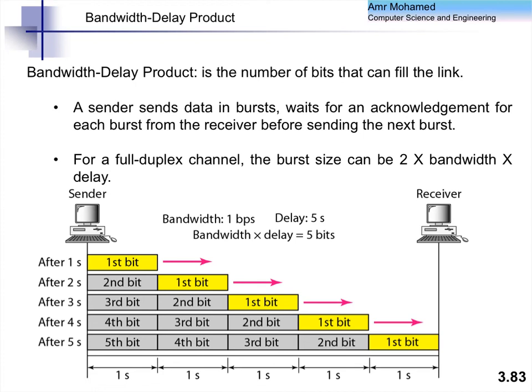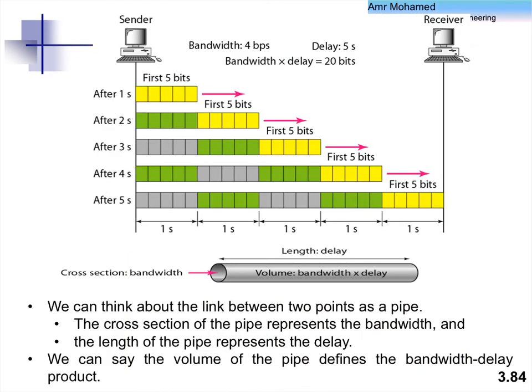So that's why for full duplex, the bandwidth delay product is actually 2 times the bandwidth times the delay. Why? Because it's bidirectional, and you have some bits going this way, some bits going that way, so you have to double the number of bits. So this tells you essentially that for full duplex, the utilization of the transmission medium is double, which is logical. We know that.